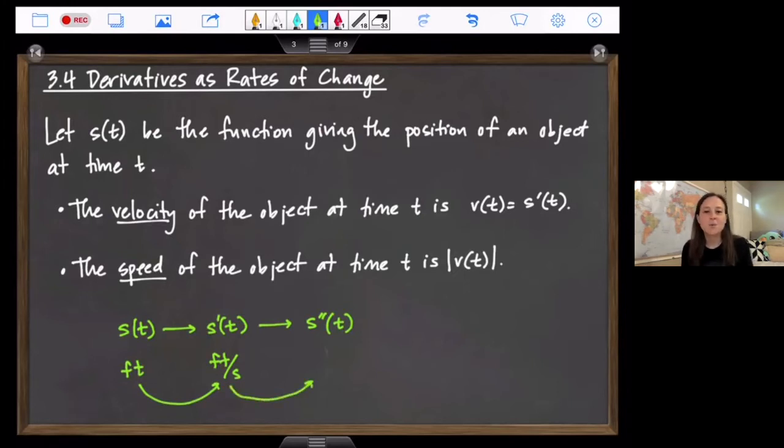It happens to be that when you're dropping something, when gravity is pulling on it, gravity will add 32 feet per second to the velocity of that object every second. So every second, the velocity increases by another 32 feet per second. This is going to tell you how many feet per second you're adding on every second, so how fast your velocity is increasing, right? And that's called our acceleration.